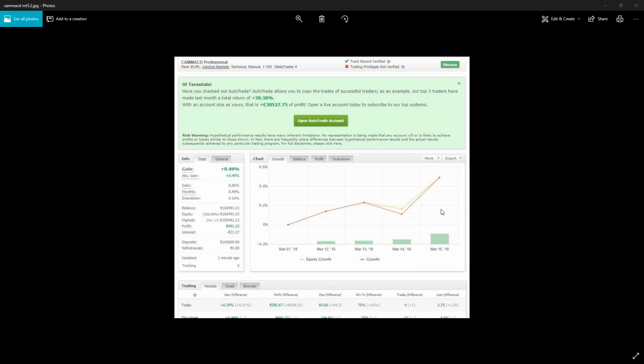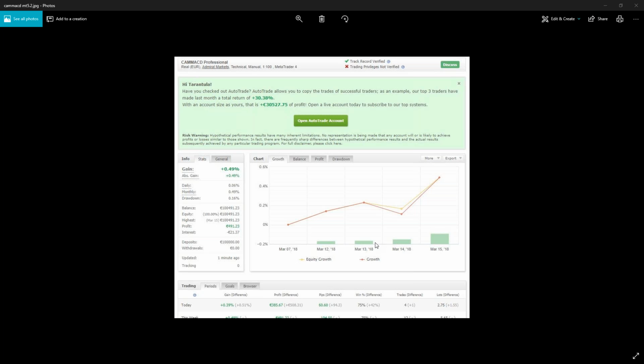Usually if you put the money into the bank, your effective return on investment will be like 1% per year. So in this example, you can see it was a 0.49% gain, very conservative trading, but you see the drawdown is indeed 0.16%.